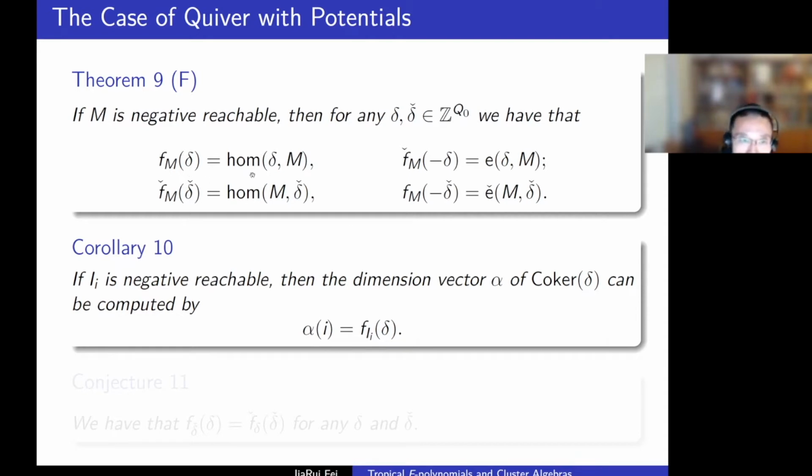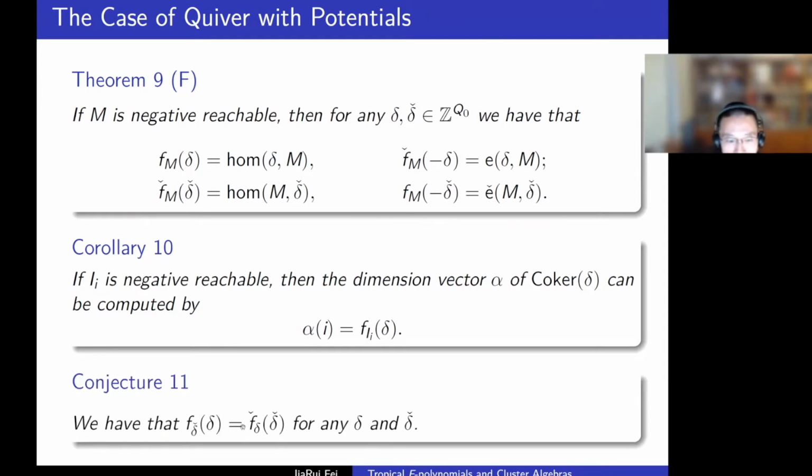If you look at this formula, there are two arguments, delta and M, which are not completely symmetric, because here this simply means you take a co-kernel, which should be viewed as a representation. But for M there is an additional requirement, which is negative reachable.